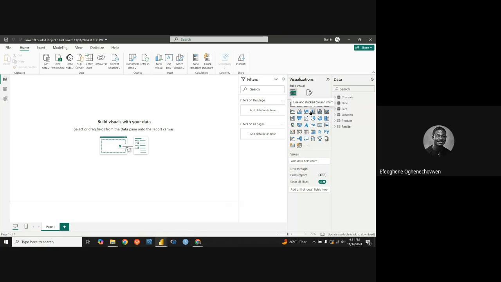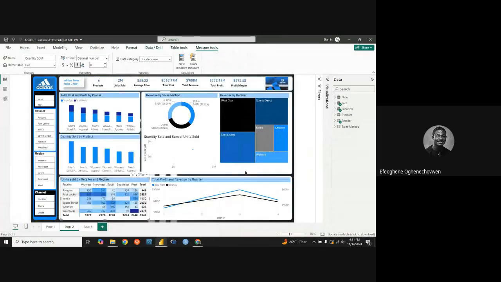The first thing we do is, the brand we're working with is Adidas, and the choice of this color, blue, informs the brand color of the company Adidas. So that informs the choice of colors I made use of here.